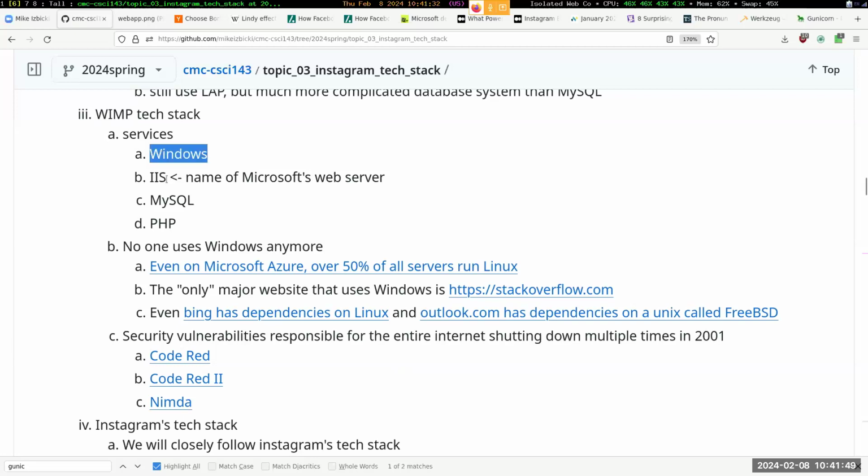So the W is Windows, and IIS was the name of Microsoft's web server, still using MySQL and PHP for the programming. But today, actually, nobody uses Windows, not even Microsoft uses Windows. You can see that over half of their servers run on Linux. The only major website that you've probably heard of that runs on Windows is the StackOverflow.com website.